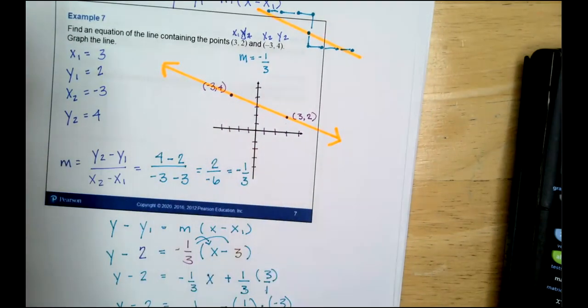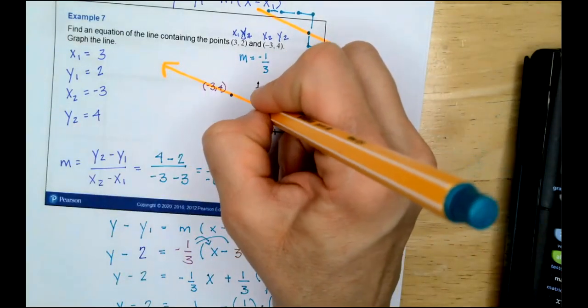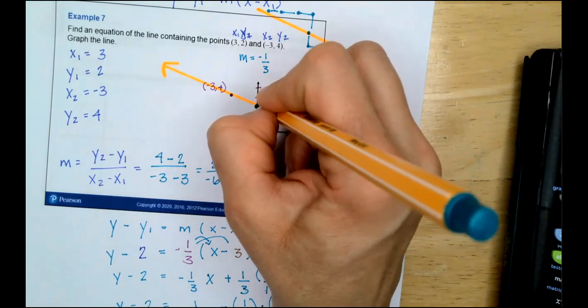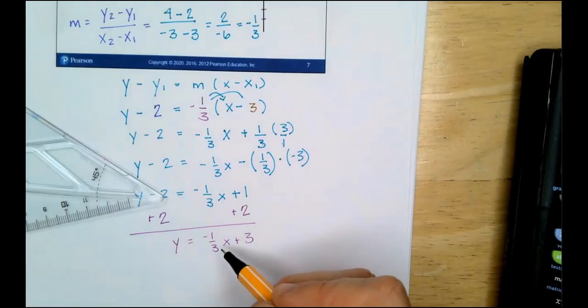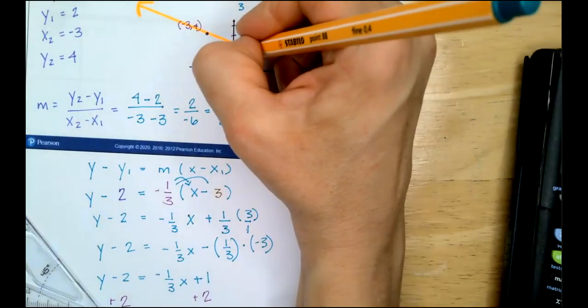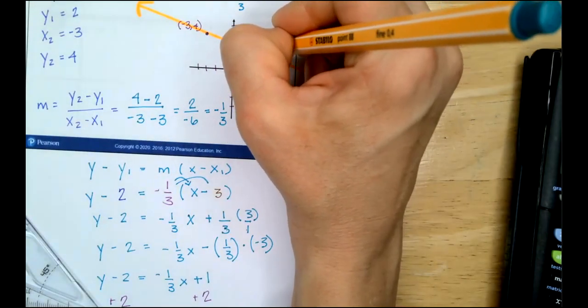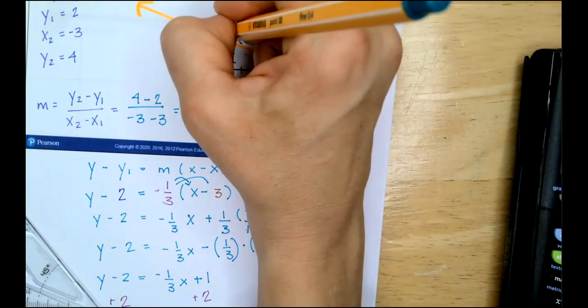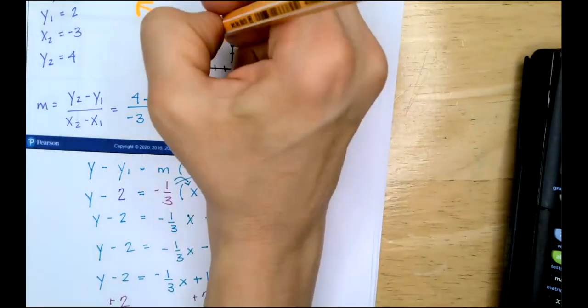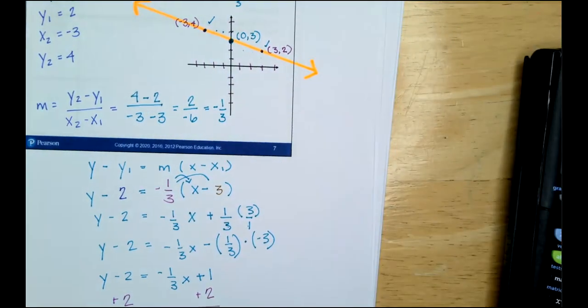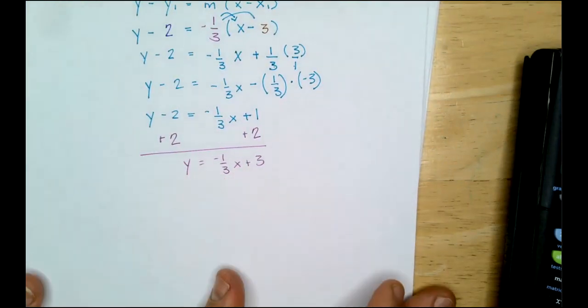So if I go up to 3 on my y-axis, 1, 2, 3, I should go through the point 0, 3. And then I should be able to go down 1, right 3, or up 1, left 3, and find points on that line, which are both points on the line with 0, 3. So I think this is the correct equation of that line.